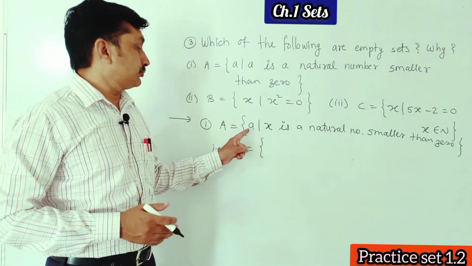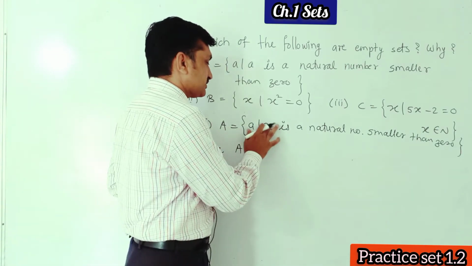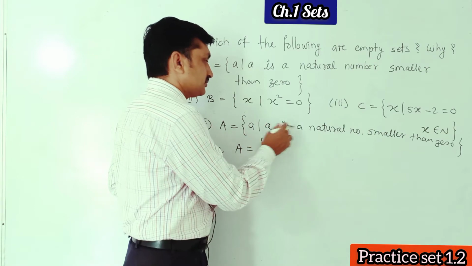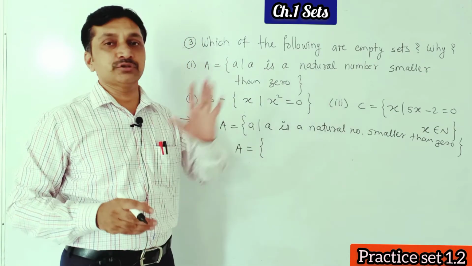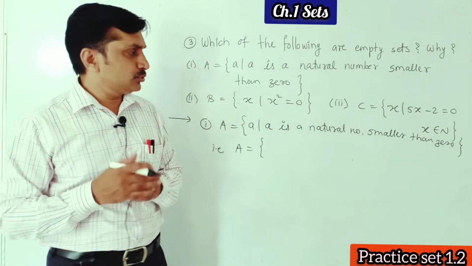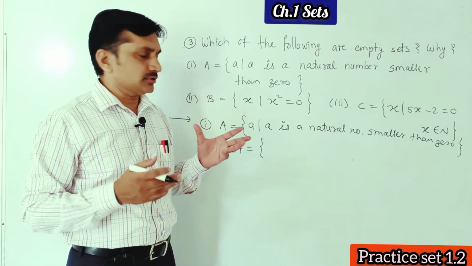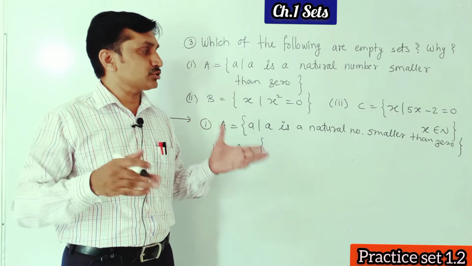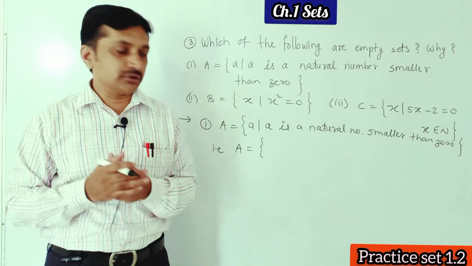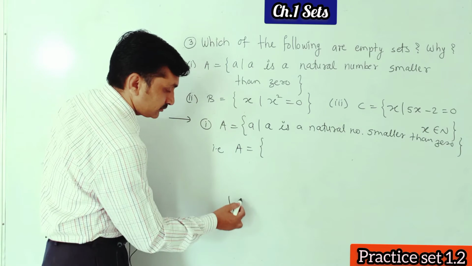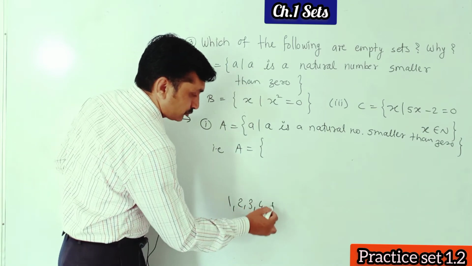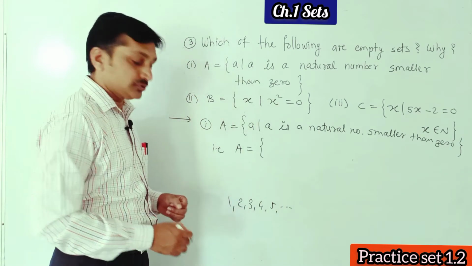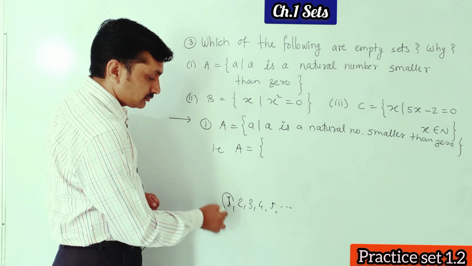Now, A is the set of all a such that a is a natural number smaller than 0. Now you tell me, you know natural numbers start from 1, 2, 3, 4, 5, and so on. The first natural number is 1.